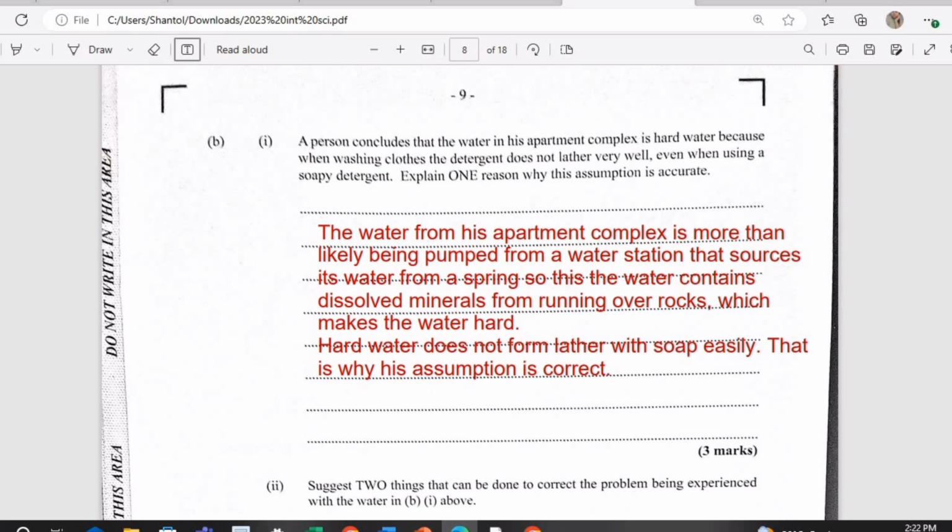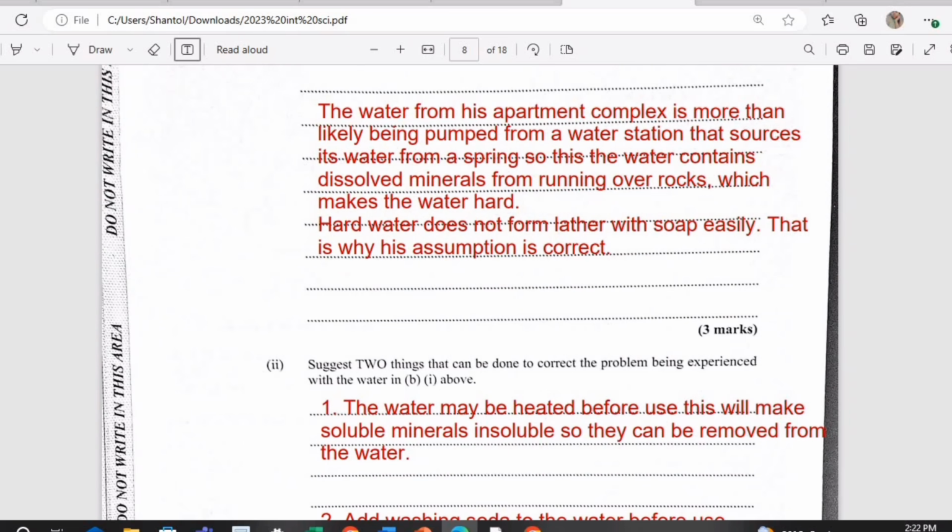Part 2 to the question: suggest 2 things that can be done to correct the problem being experienced with the water in the above. So 1, you could heat the water before use.